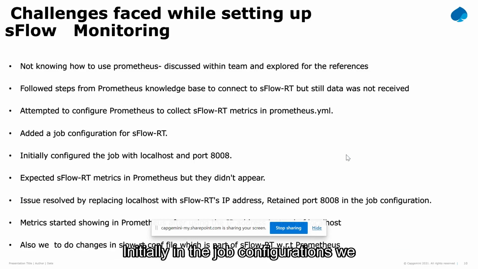Initially in the job configurations we gave localhost and port 8008 for sFlow metrics, but we were unable to receive the sFlow data in Prometheus. In the configurations we were able to see it, but in the Prometheus web browser we were unable to get the sFlow collected metrics.